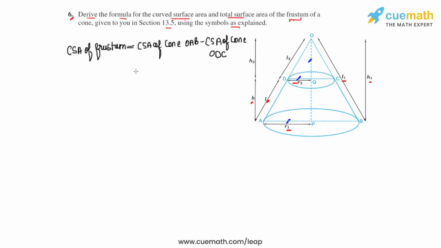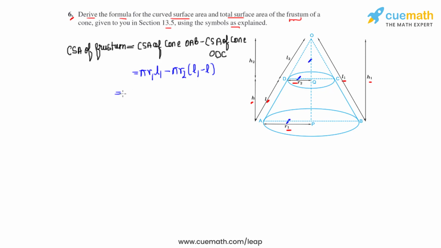So we substitute the formulas for these, and we write it as pi times R1 L1, that being the curved surface area of the bigger cone OAB, minus pi R2 multiplied by its slant height, which is L1 minus L.